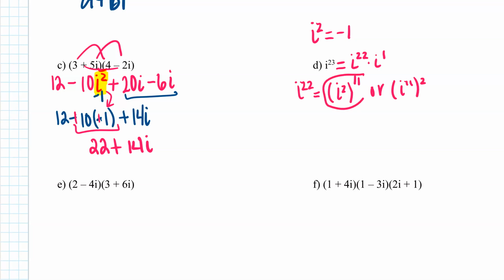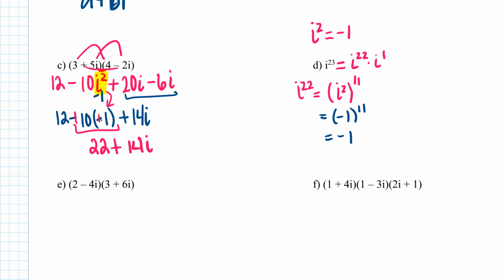I prefer this one because I think it's easier to see. So this is saying you have i squared 11 times, okay? So when you're multiplying -1 11 times, because that's really what we have, you end up with a -1, okay?